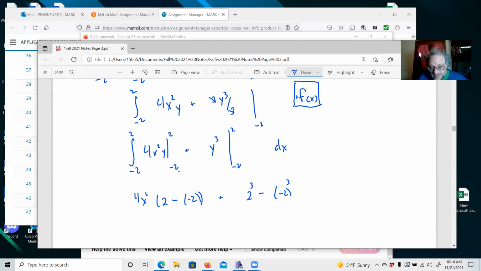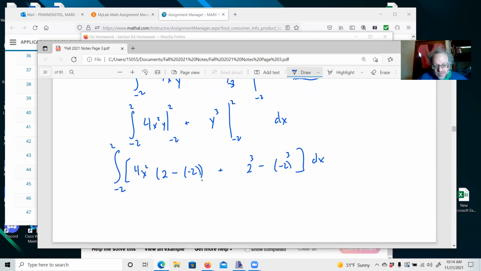And we still have an x hanging out somewhere. So 4x squared, 2 minus a -2, isn't that 2 plus 2? That's just 4. Plus we have 8 minus a -8, right? 2 cubed is 8, and with the negative, 8 plus 8 is going to be 16.